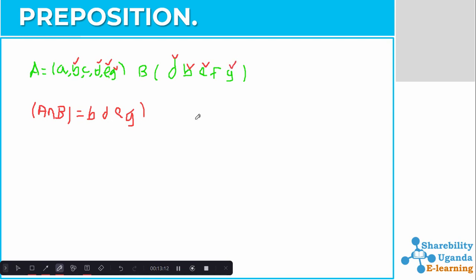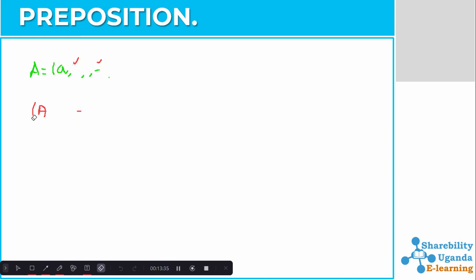So here we are now able to identify these common members within our sets. Now we can say this is an intersection set. Alright, let me try to rub our board to be clean.